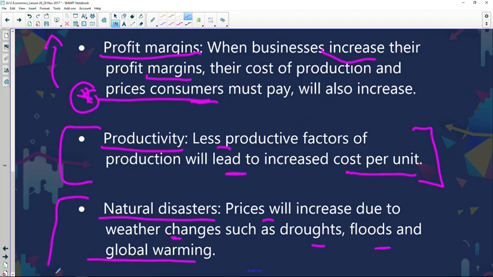And we have seen this when there is a natural disaster, when there is a drought, then the prices of items or products will increase as a result of this difficulty that is faced by different industries. So they will have to hike up the prices because there will be too many people chasing after few goods and services, and then that will create a situation where we are dealing with inflation.